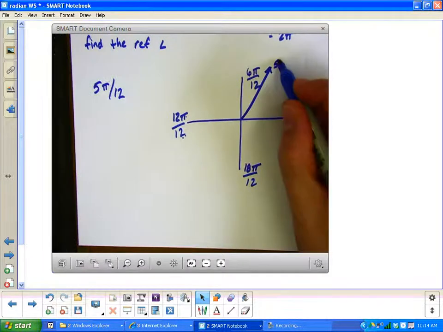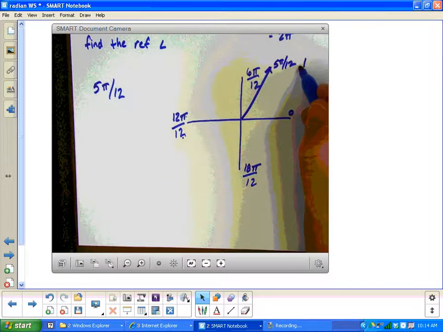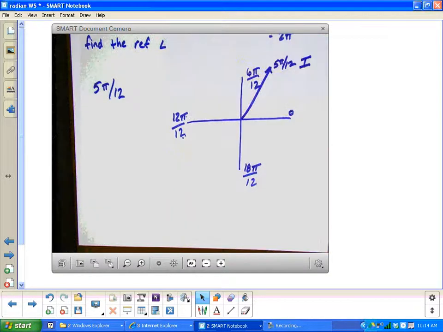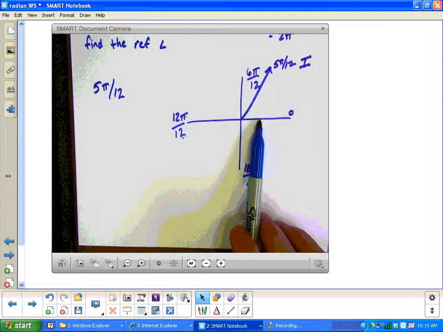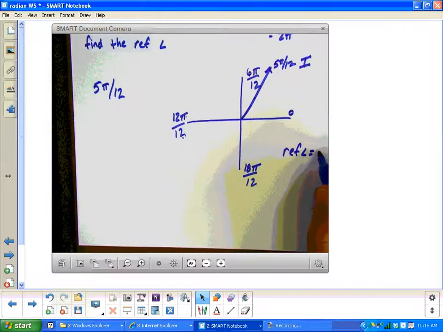So here's 5 pi over 12. Let's label the quadrant. It's in the first quadrant. Now let's identify the reference angle. If it's in the first quadrant, what do we say about the reference angle? It's just the same. So the reference angle would be 5 pi over 12.